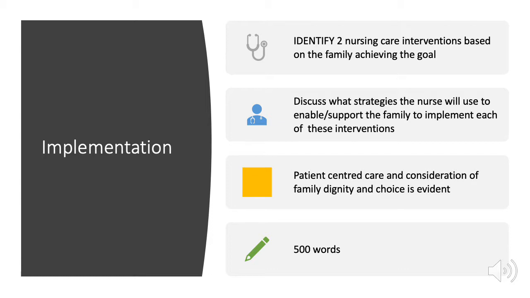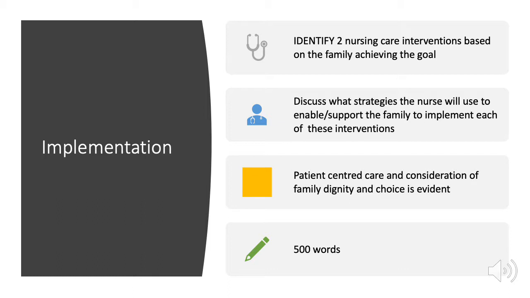We then want you to discuss what strategies the nurse will use to enable or support the family to implement each of these interventions. So what strategies are they going to use to get the family to the goal?